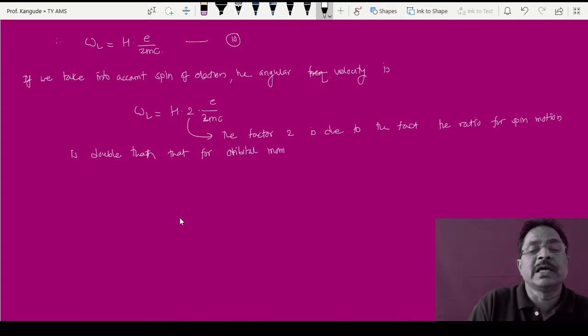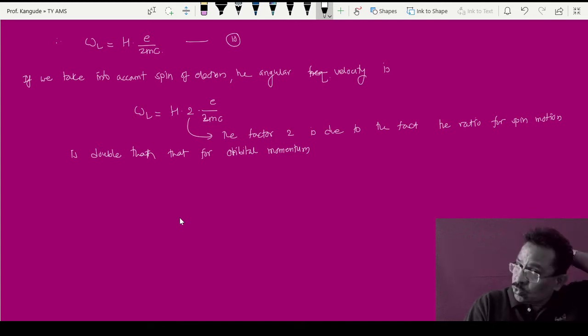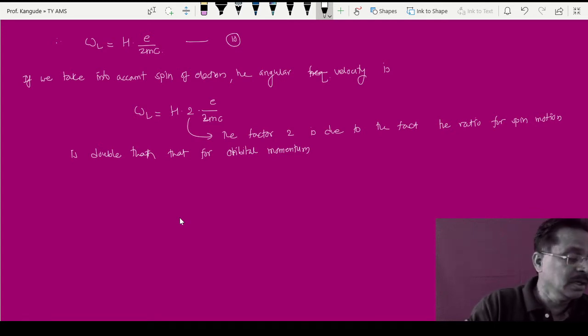So while calculating this angular velocity, we have to multiply this entire relation by this factor 2 because of this physical fact that is mentioned here.